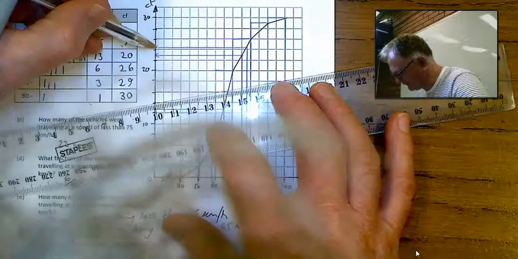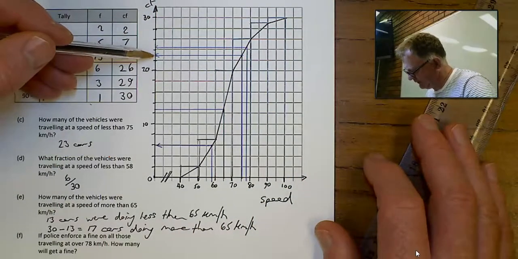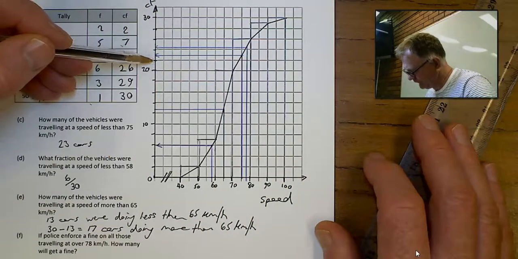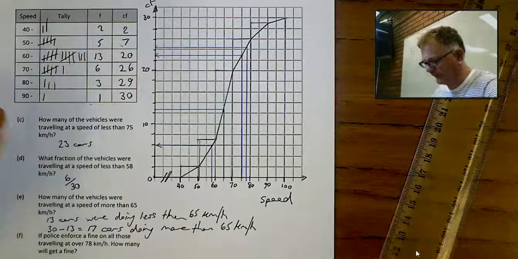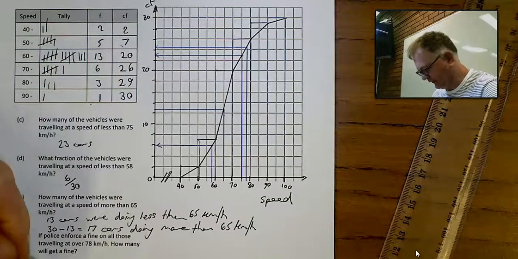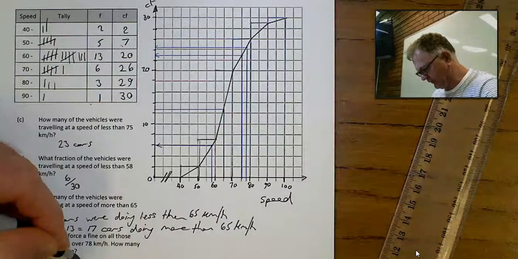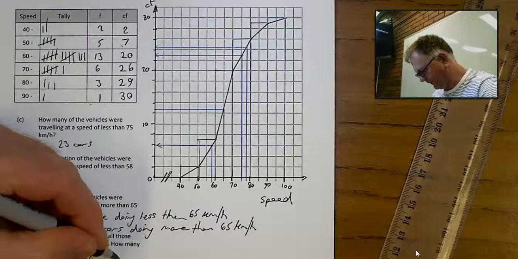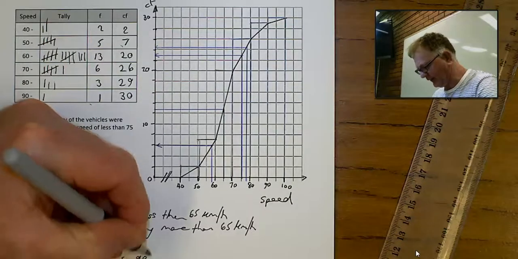I'm going to have to round it off to the nearest car, which is 24. So about 24 were doing less than 78. That would mean that 30 minus 24 equals 6 cars doing more than 78. 6 cars get the fine.